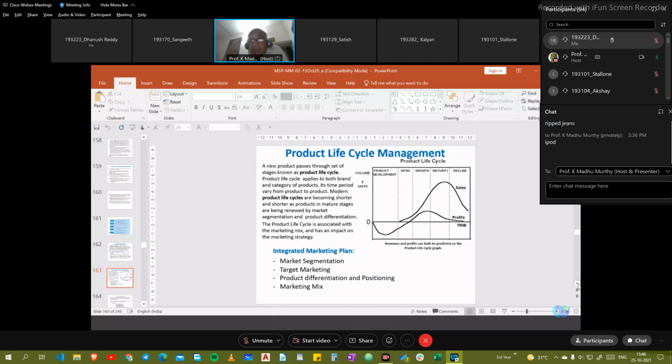So the strategy could be very different. During the initial phase, when I have made my product, I have invested some money. Some types of products might require a huge investment in the development process. So many companies would try to make money in the first instance.